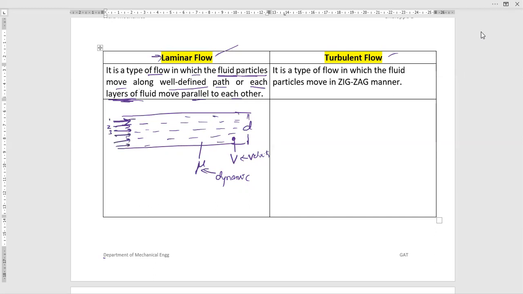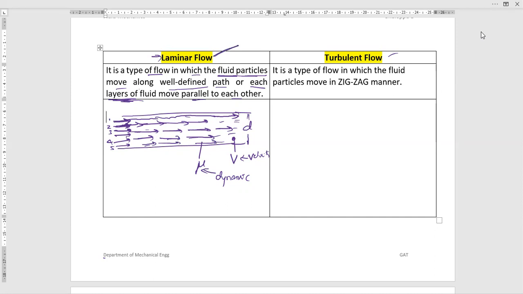Each layer moves in a well-defined path in the same direction and does not disturb the neighboring or adjacent fluid particle. The second layer will not disturb the flow of the third layer. Each and every layer flows in a well-defined path, and all layers are parallel to each other. Such a type of flow is called laminar flow.